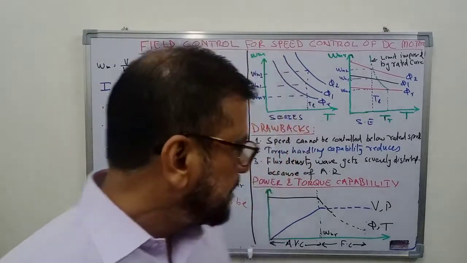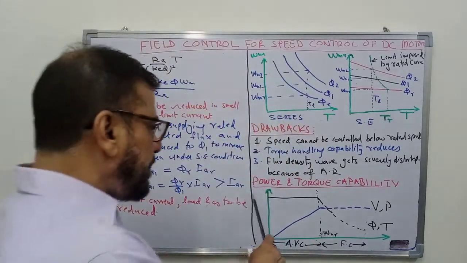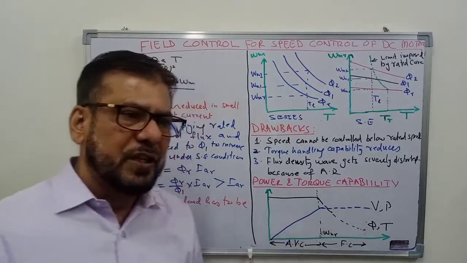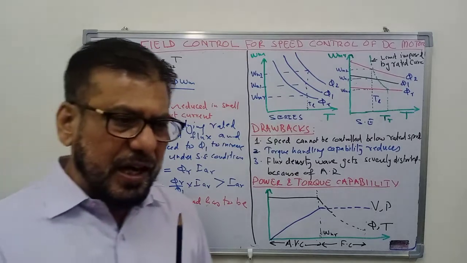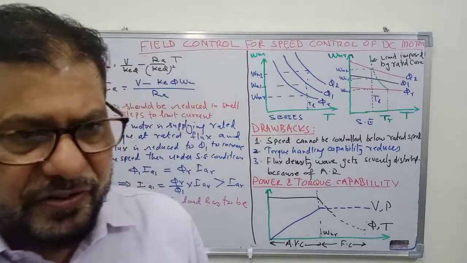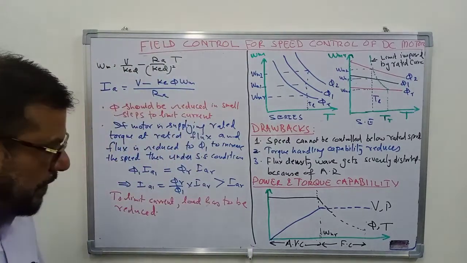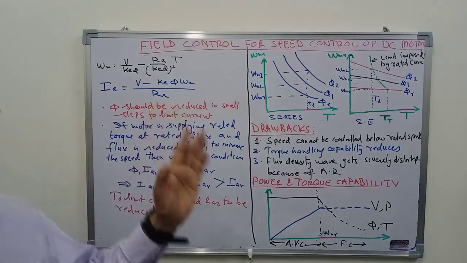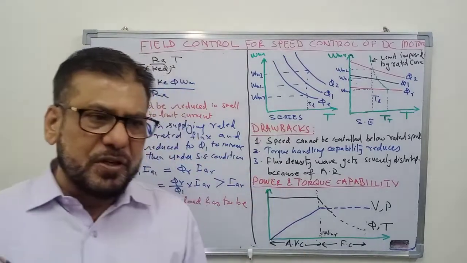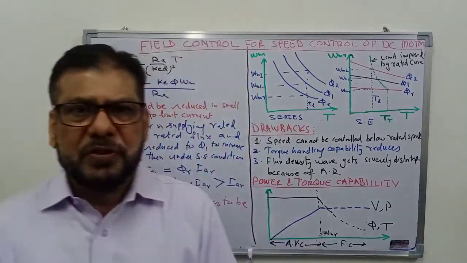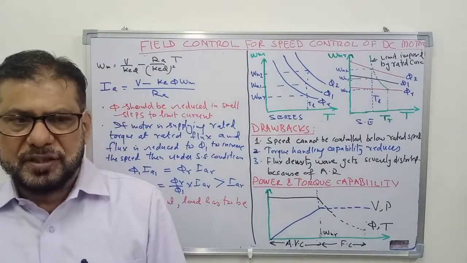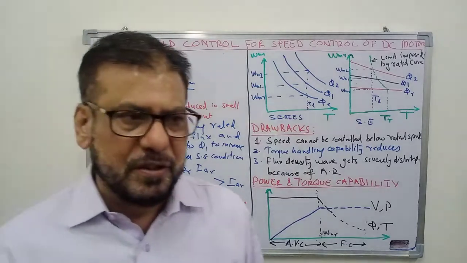Now let us see what is the power and torque capability of the motor in these two speed control methods, that is armature voltage control and field control. So as we discussed, below the rated speed you have to control the speed by armature voltage control, and above the rated speed you have to control the speed by field control method.